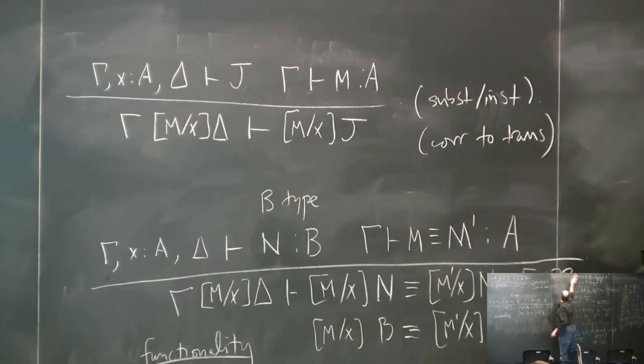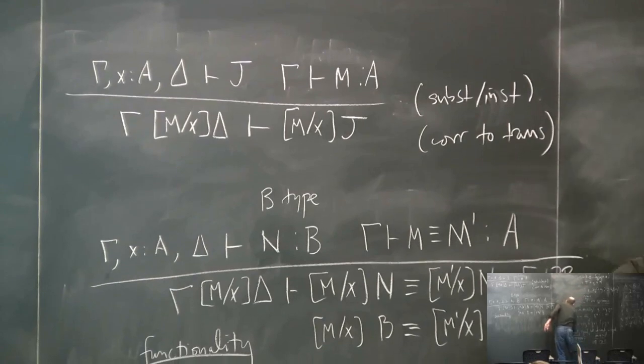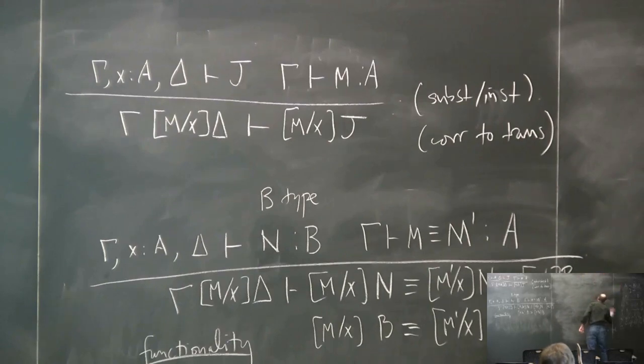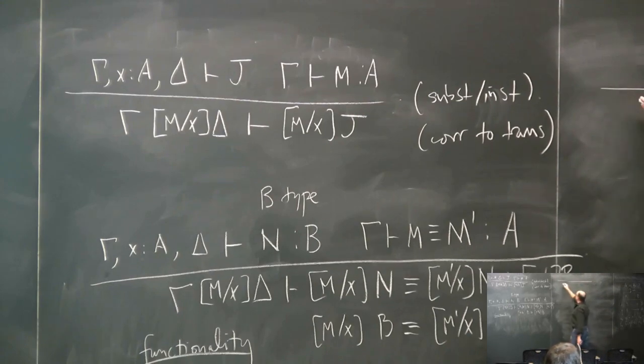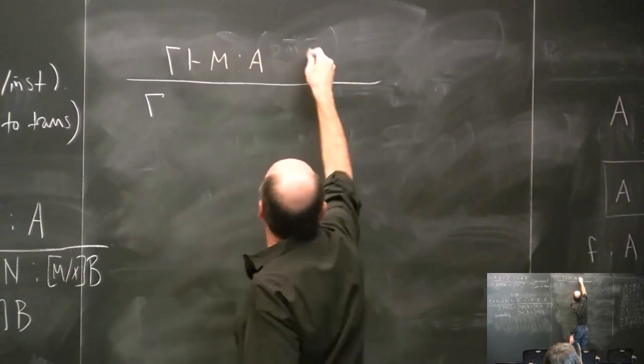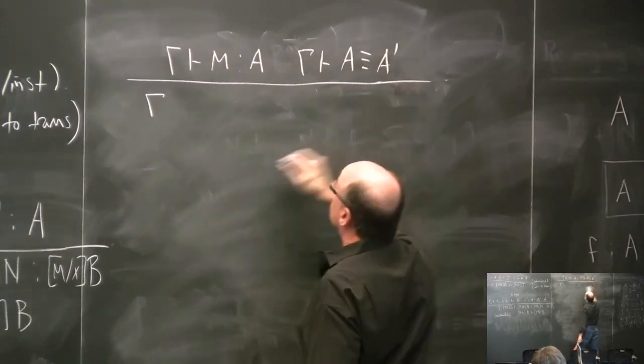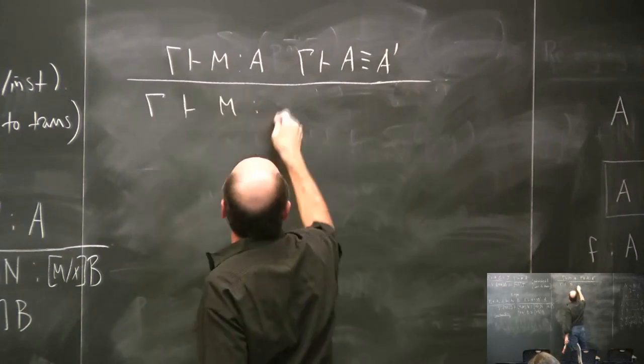What I mean by that is they classify the same expressions. Another rule that pertains to all of this: if m is in A and A is A prime, then m is in A prime.